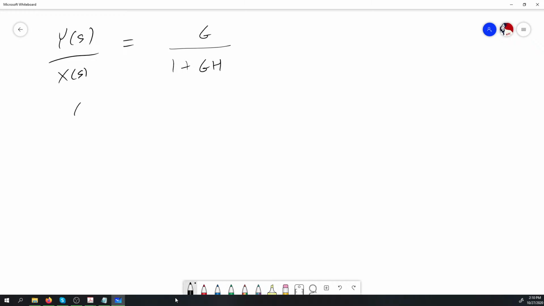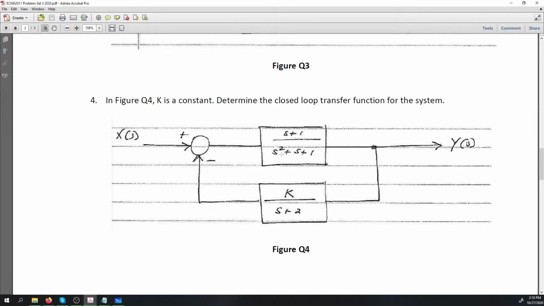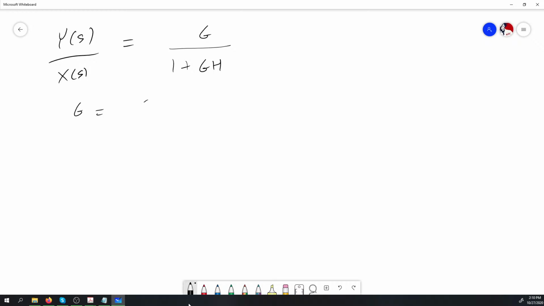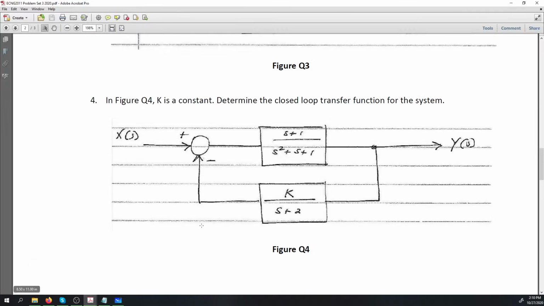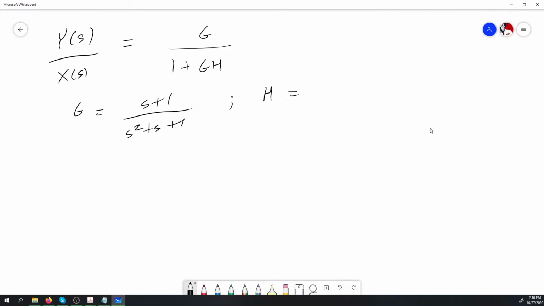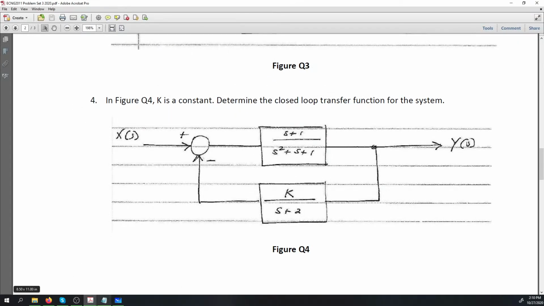And g here represents our feed forward block, which is s plus 1 divided by s squared plus s plus 1. h here represents our feedback block, which is k divided by s plus 2.